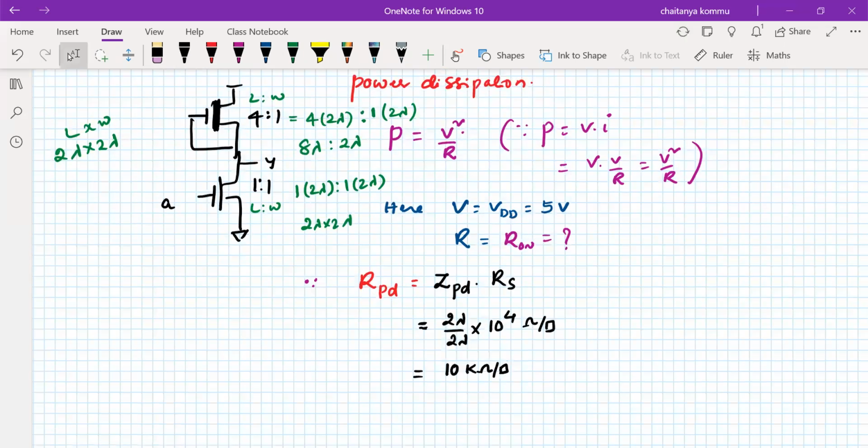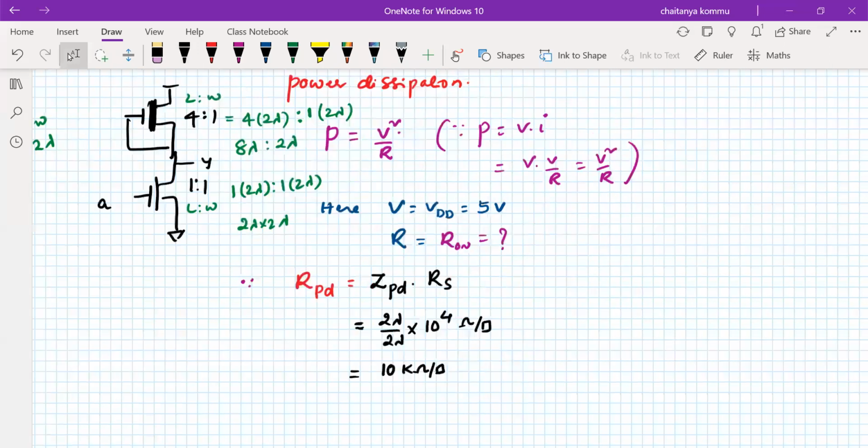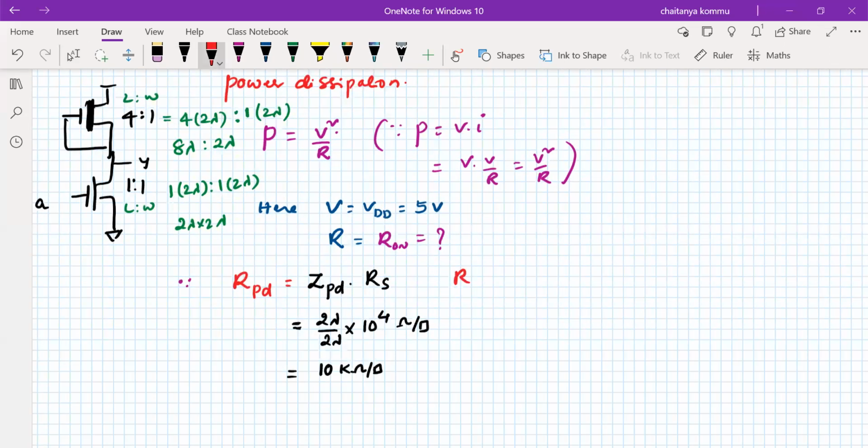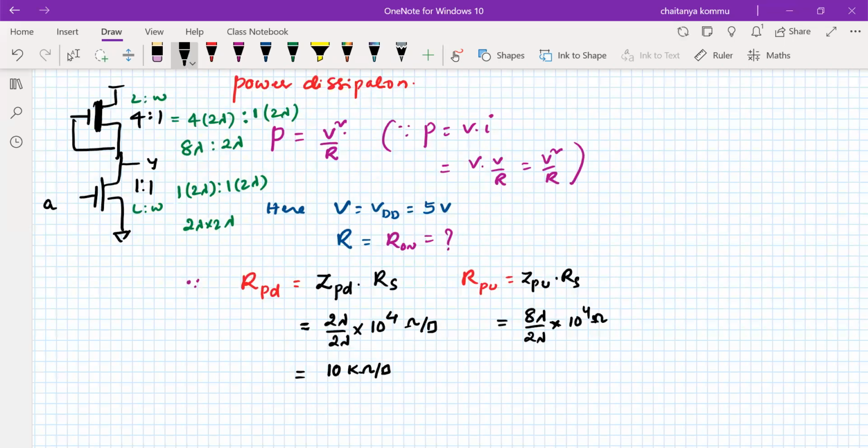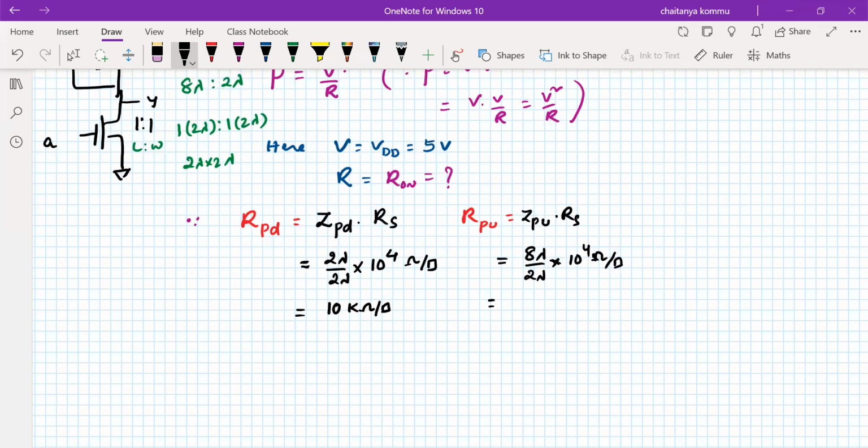What about the upper transistor? This is the pull up, which is ZPU multiplied with RS. 8 lambda by 2 lambda is multiplied with 10 to the power of 4 ohm per square, which is 40 kilo ohm per square.